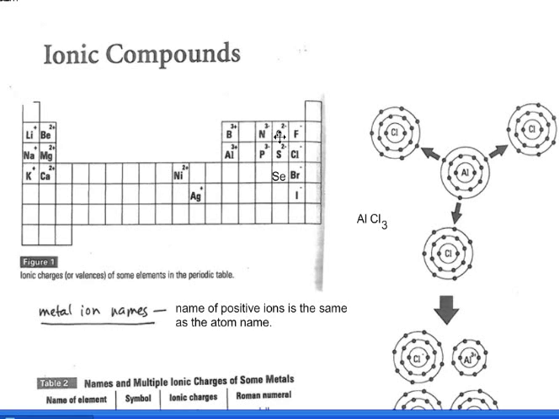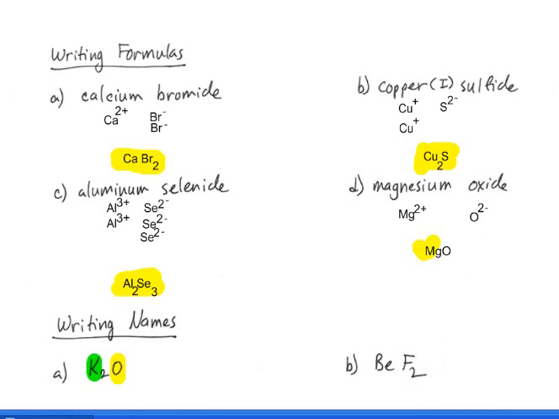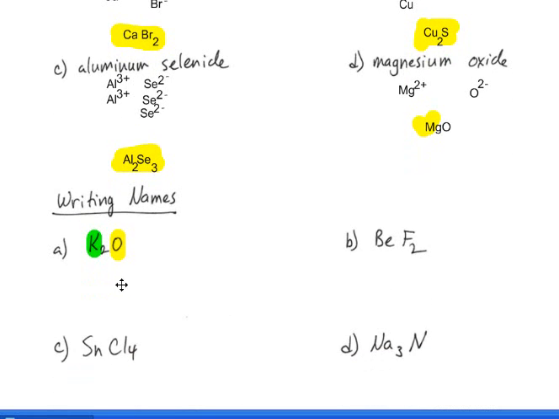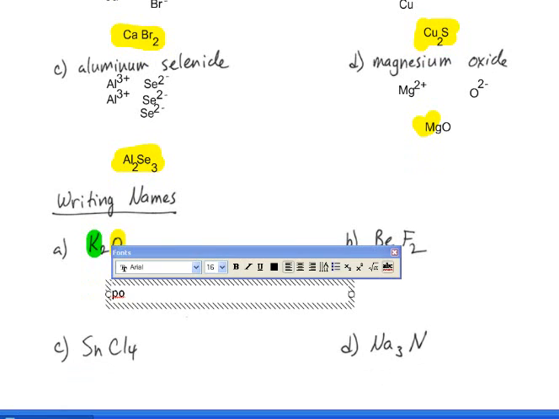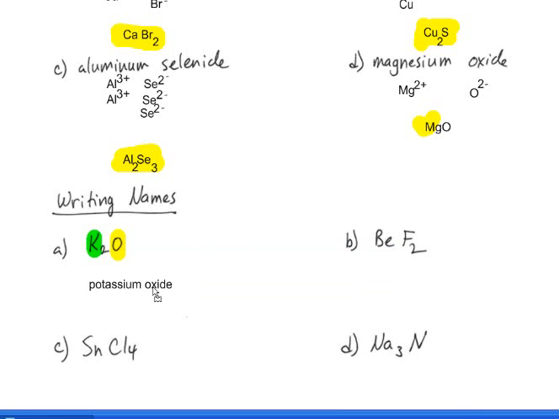Oxide is 2 negative, so you can see that I would have to have 2 Ks for every 1 oxide to balance out. 1 plus 1 will give me 2 positives, and then my 1 oxide is 2 negative, so that's why the 2 is there. So don't get thrown off by the 2. So, quite simply, potassium oxide. That's it. Nothing too crazy and wild about that.